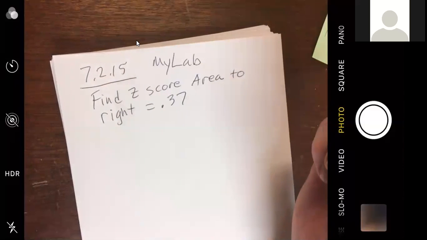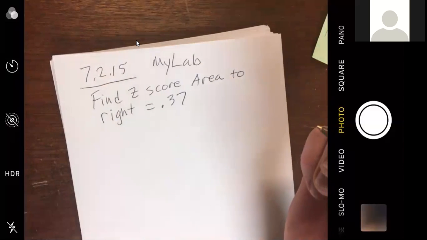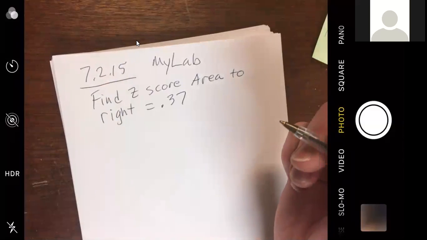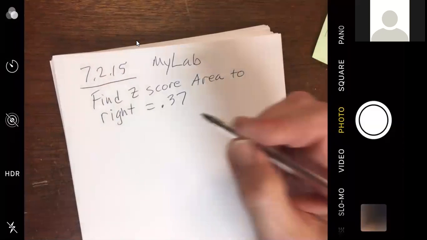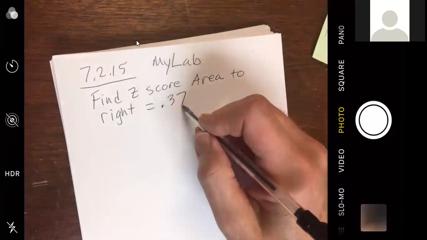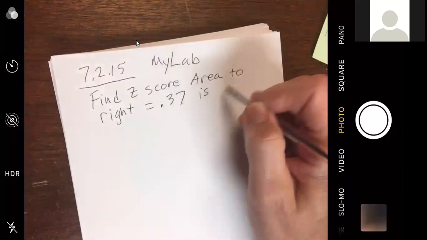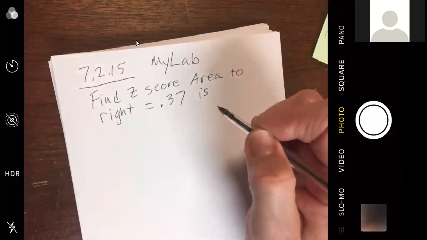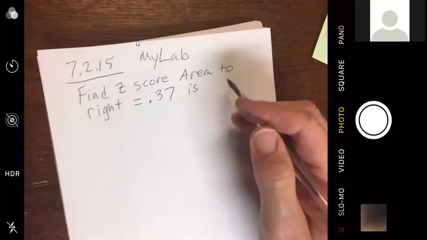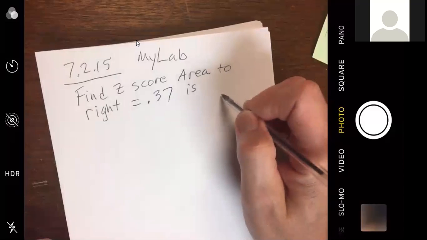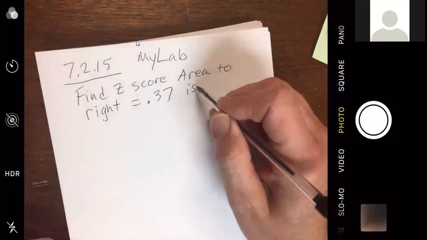The question says the approximate z-score that corresponds to a right-tailed area of 0.37 is? And you're supposed to enter a number. That's where you enter your answer, right? Yes, that's where I have to enter my answers.